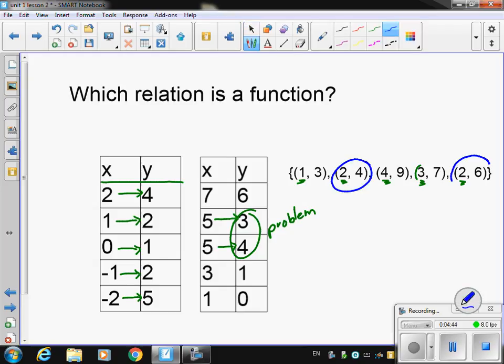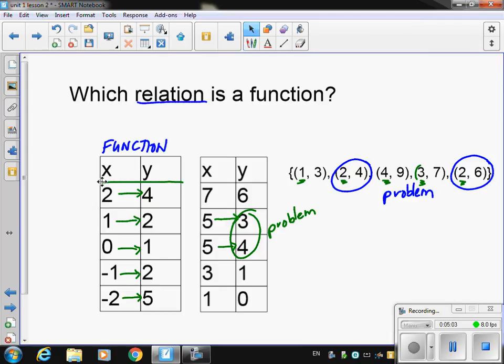For the x value of 2, my y value is either 4 or 6. That is a problem. So the only one of these 3 that is a function is the first one. All 3 of them are relations, but just the first one matches the definition of a function.